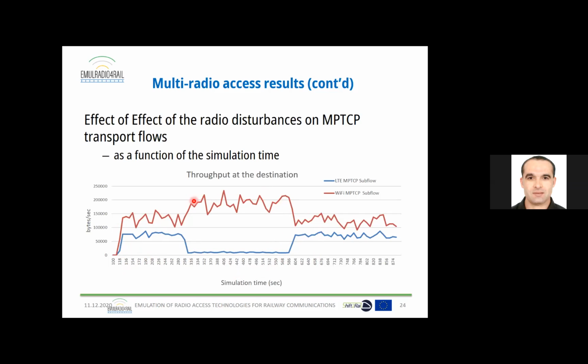So during the period that the train is in the coverage of the jammer, we have a decrease of the throughput over the MPTCP flow on the LTE and a growth of the throughput on the MPTCP flow over the Wi-Fi.